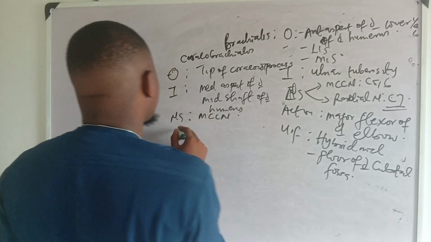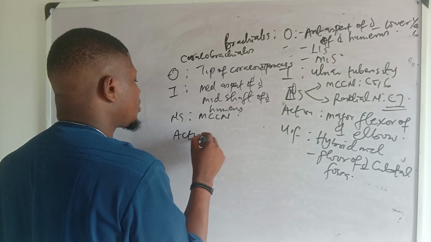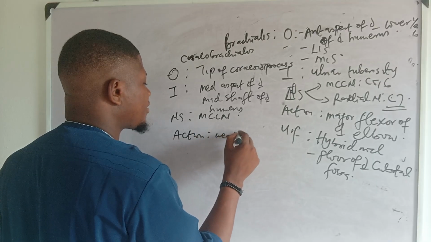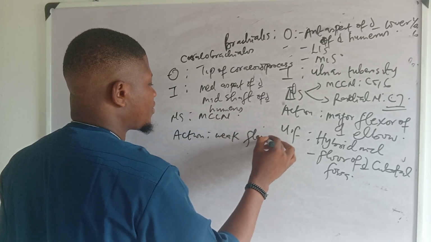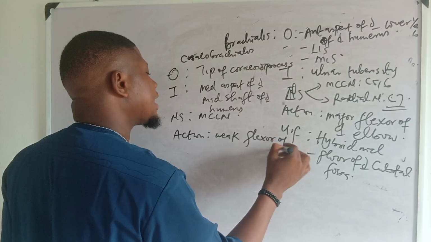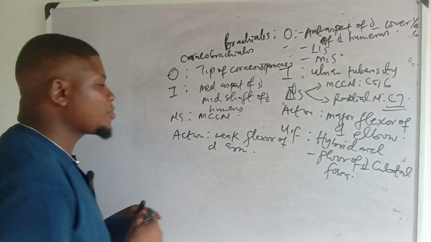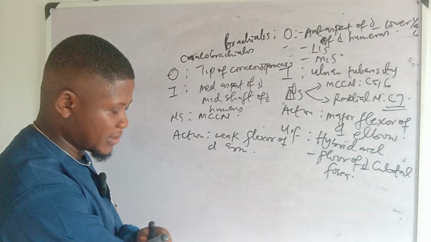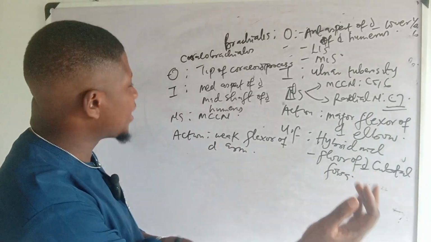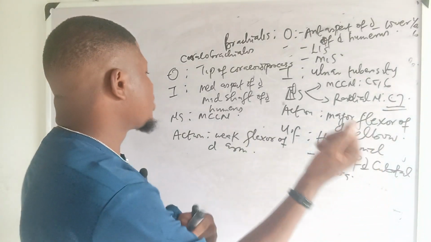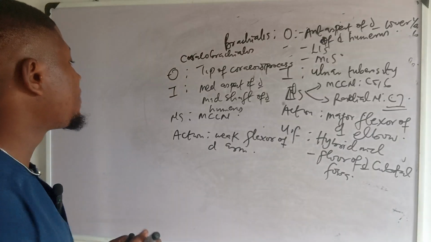Origin, insertion, nerve supply. Then action: you just say it is a weak flexor of the arm. Remember, it's the only muscle in the anterior compartment that doesn't reach the elbow, so it doesn't have any action on the elbow. It's just a weak flexor of the arm.